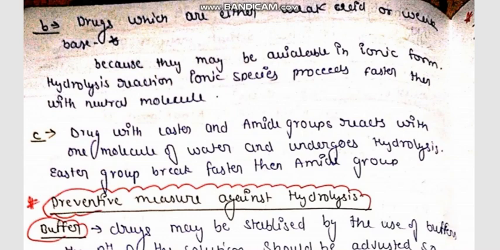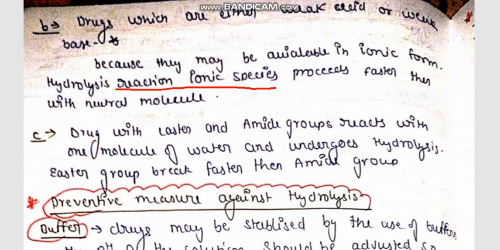Second, drugs which are either weak acids or weak bases undergo hydrolytic reactions very easily. The reason is that they may be available in ionic form, and hydrolysis of ionic species proceeds faster than that of neutral molecules.